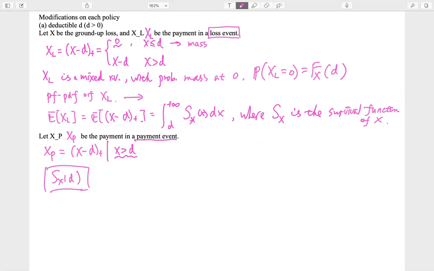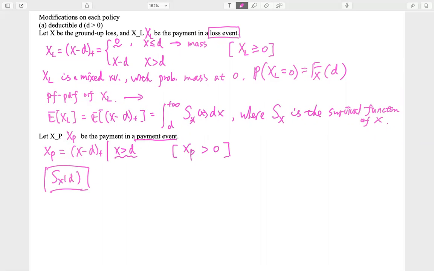Another big difference is XL is greater than or equal to 0, but XP is strictly greater than 0. That's because if you represent the insurance company, you only care about the positive payment to the company. So this is XP.